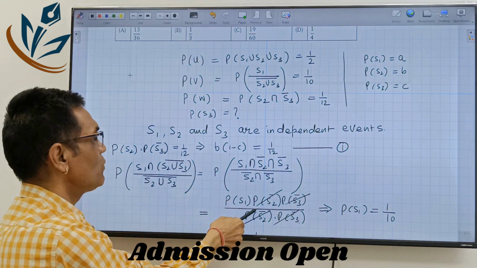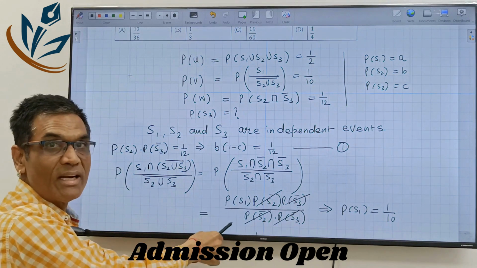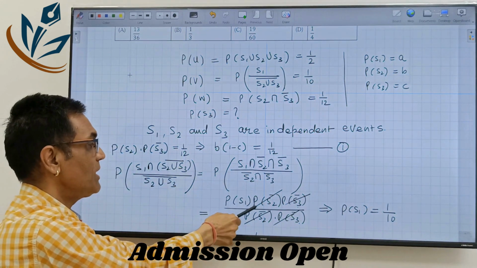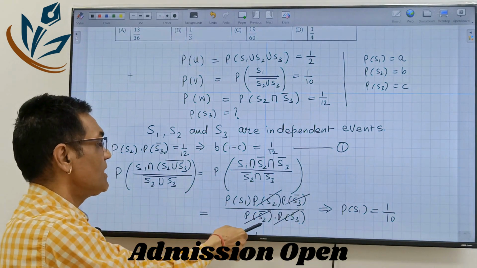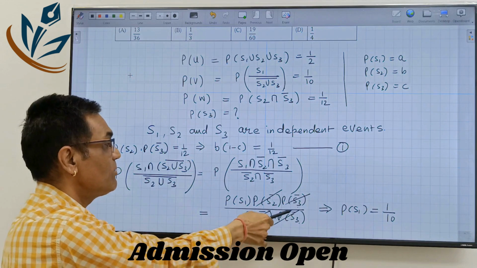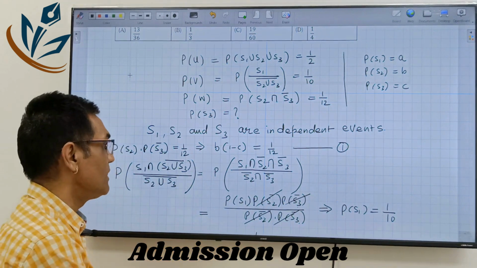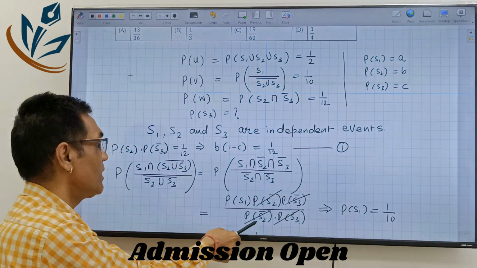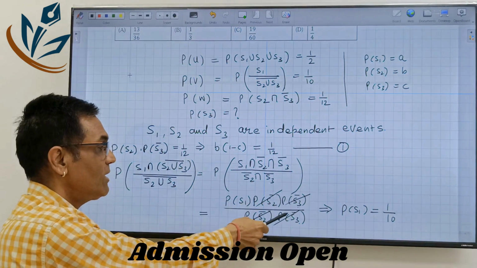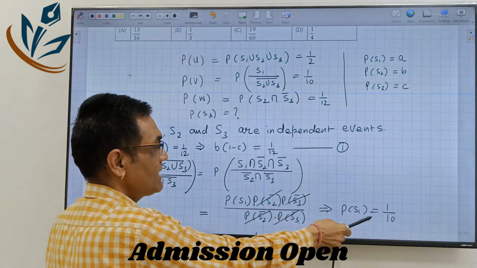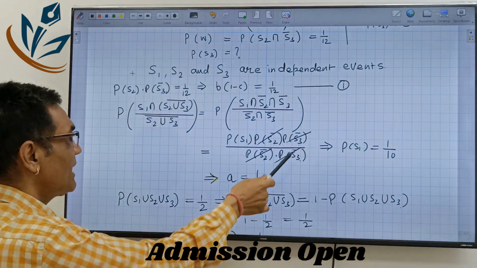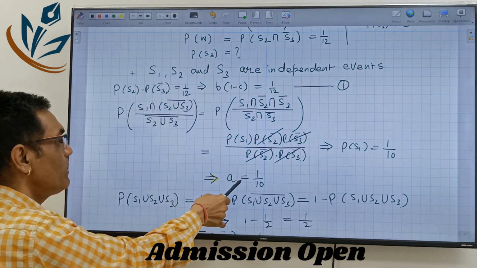If you solve it further, you get P of S1, P of S2 bar, P of S3 bar divided by P of S2 bar, P of S3 bar. You can cancel P of S2 bar and P of S3 bar. So what we are left with is P of S1 as 1 by 10. Now that means the value of A is 1 by 10.